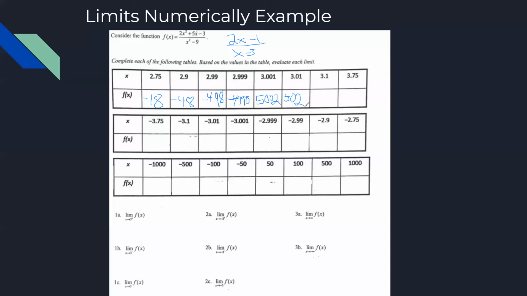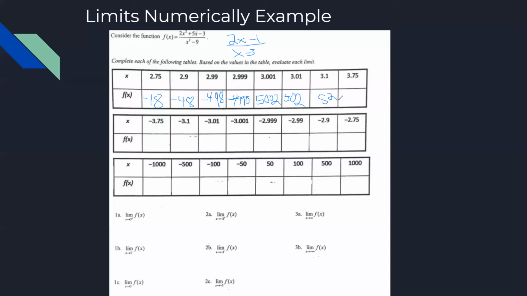Times 3.1 minus 1 divided by the quantity, 3.1 minus 3. So that's 500. Oh, what do I do? Oh, it's 3.1, not 3.01. So then it becomes 52. Now we got your big jump.